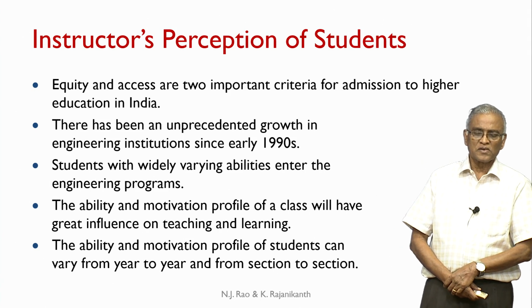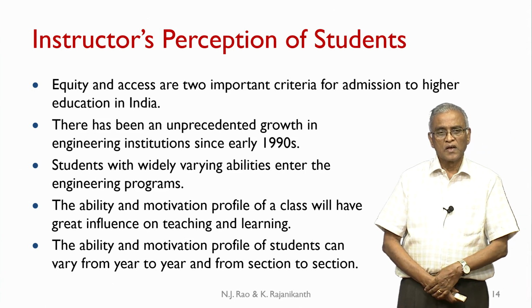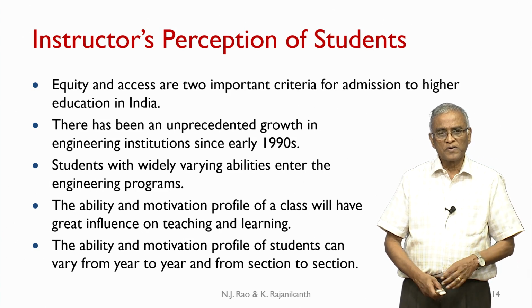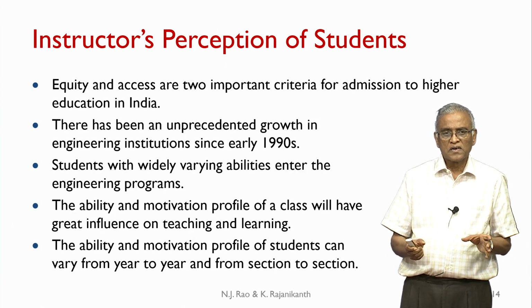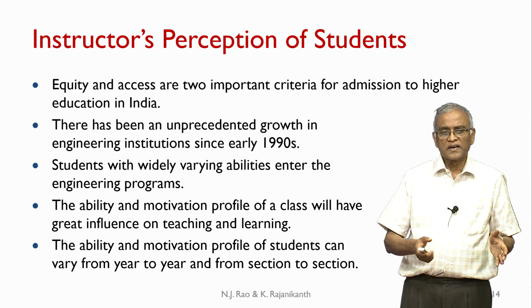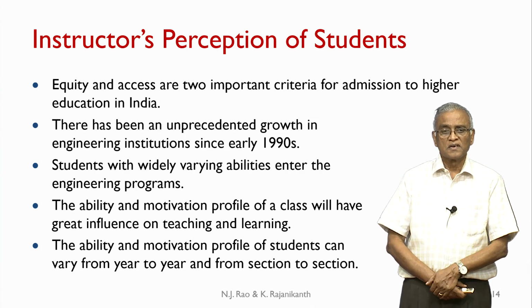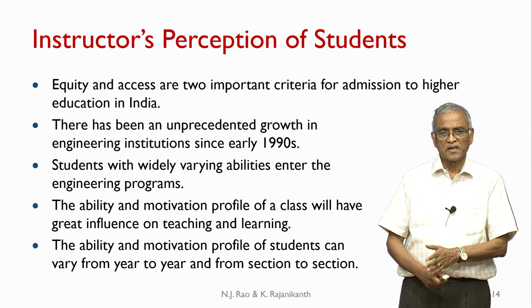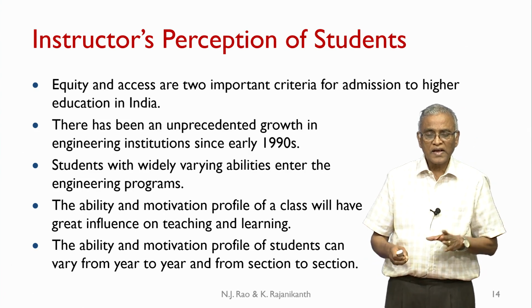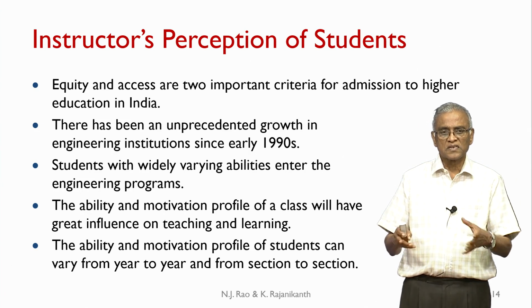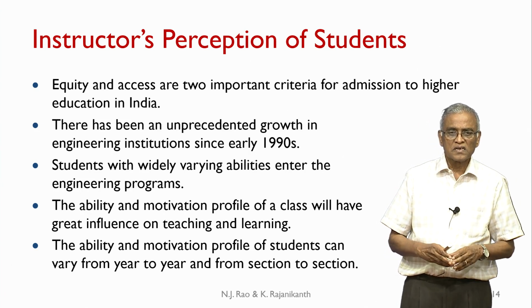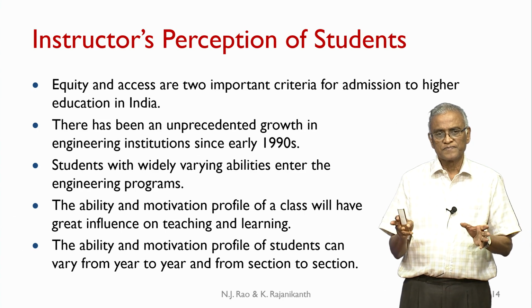But what happens because of the social pressure, you want equity, people from all kinds of social backgrounds want to enter into engineering education, and access, it should be conveniently accessible. To that extent, that is why the colleges are set up in all kinds of places.